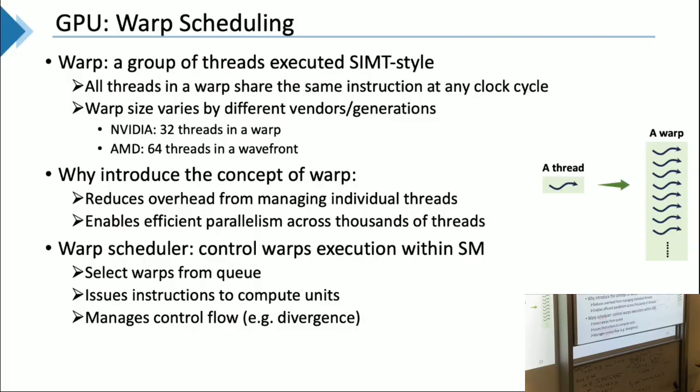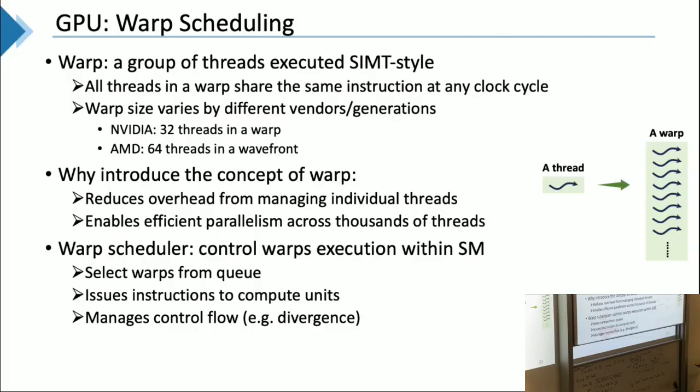So let's say you have a thread block, for example, 1024 threads you create in your CUDA program. In your underlying hardware, you actually use warps to manage these thread blocks running.